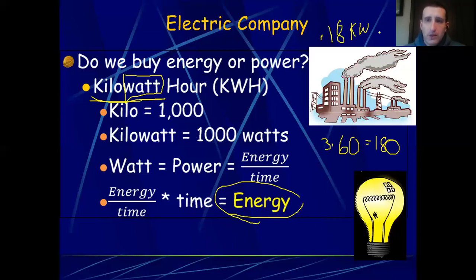And here in Illinois, we pay a relatively low price of 5 to 7 cents per kilowatt hour for our electricity. So at 5 cents per kilowatt hour, leaving your bedroom light on for an hour would have cost a penny.